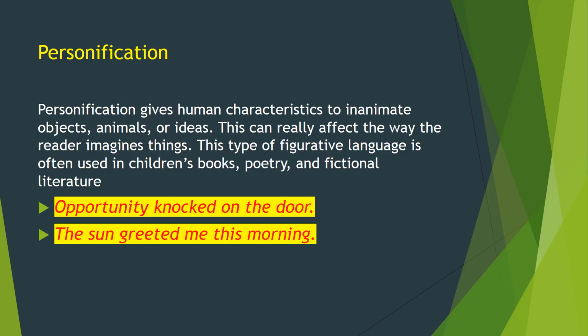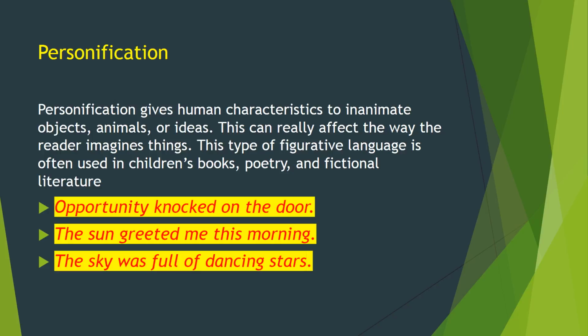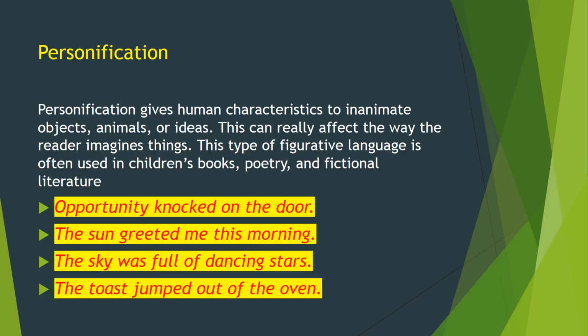The sun greeted me this morning. The sky was full of dancing stars. The toast jumped out of the oven. Personification: here you could see that opportunity takes the role of a human being knocking on the door. The sun greeted me, not in a literal manner, but it personifies that it was a bright day and the sun was out.